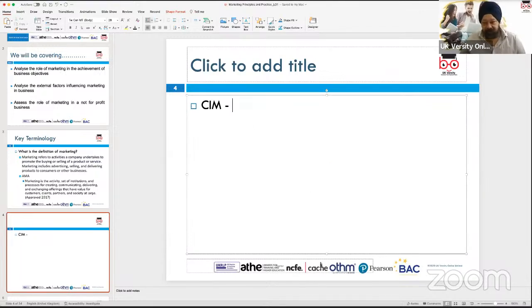Now, there is another definition of marketing that we also look at, from the Chartered Institute of Marketing, which is a signature organization in the UK.